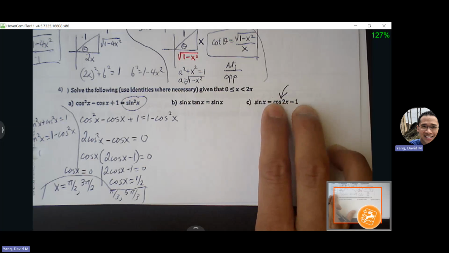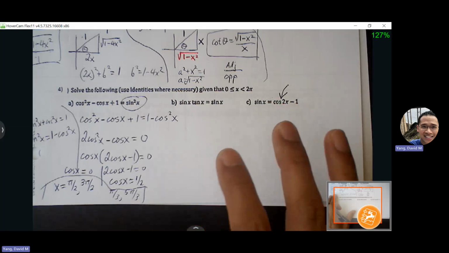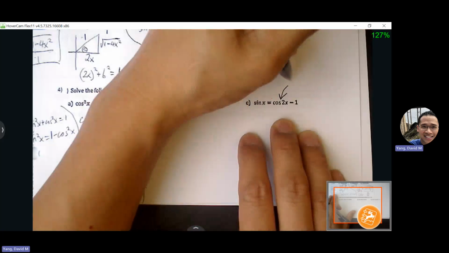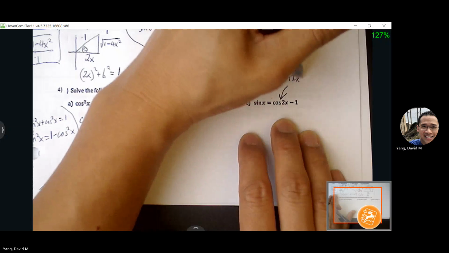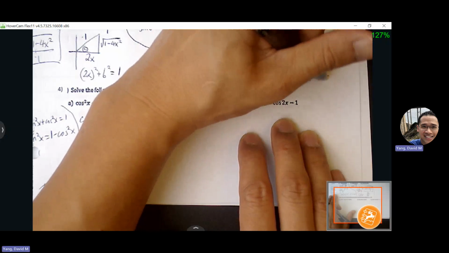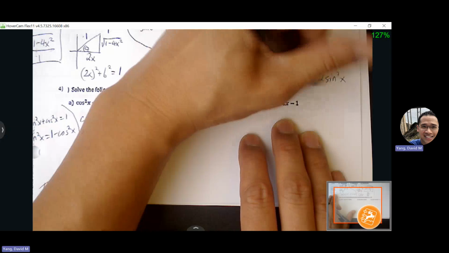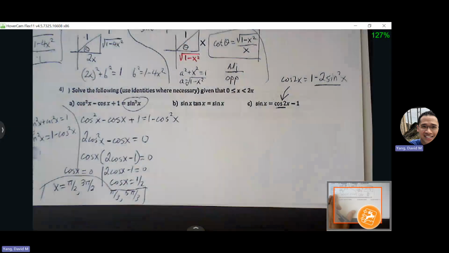There's a double angle cosine expansion with just sine. So cosine of 2x is equal to 1 minus 2 sine squared x. So then we make that substitution and we get everything in terms of sine, bring everything over to one side, factor, and solve. So I'll have you guys try that a little bit later.